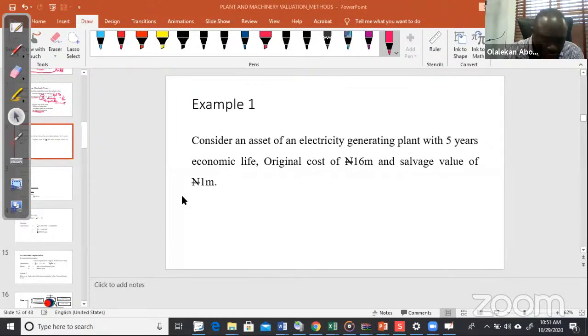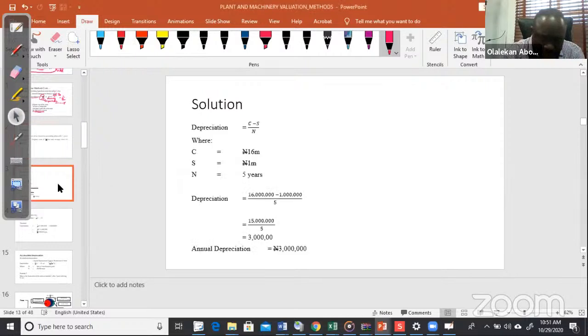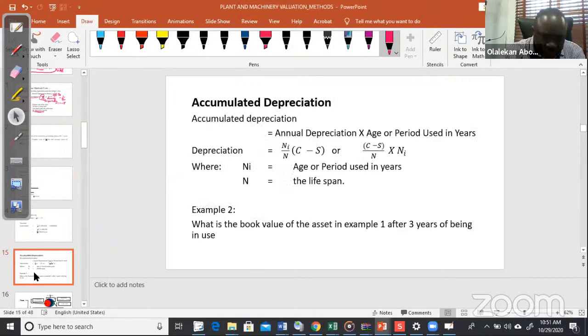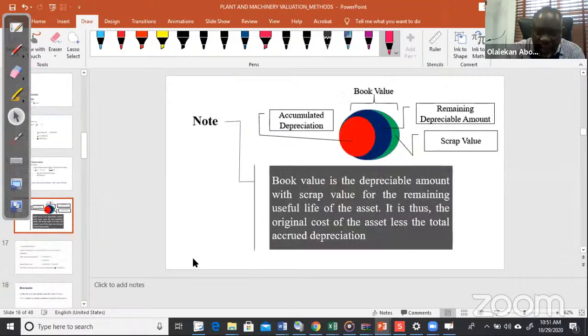Let's now go to, I think we are done with all this. Now let's go to this slide. I think I explained some things here. I try as much as possible to drive home my point about what represents the book value. Maybe this sketch will be able to demystify what I've been trying to explain in terms of accumulated depreciation, scrap value, book value, and what have you.